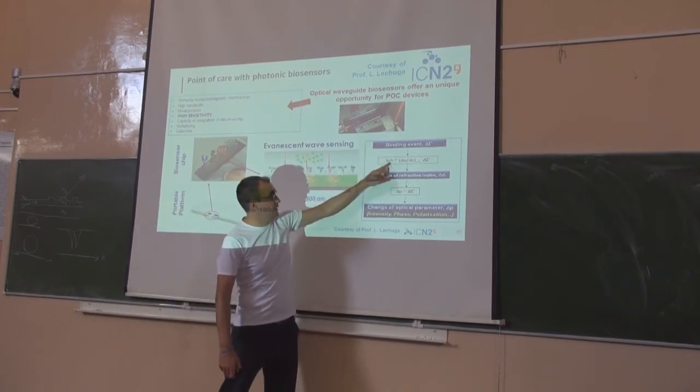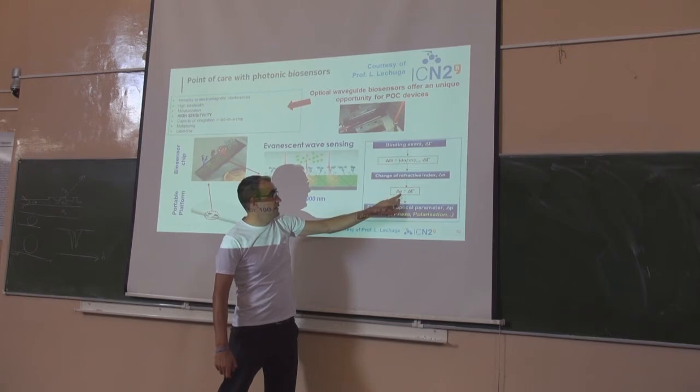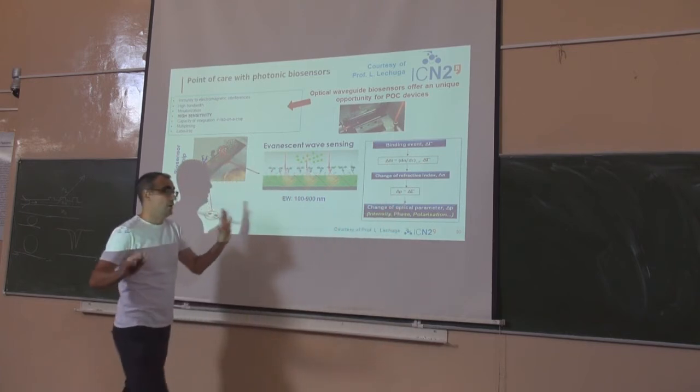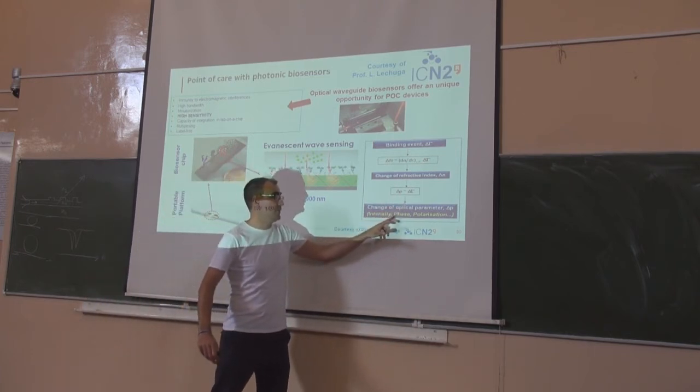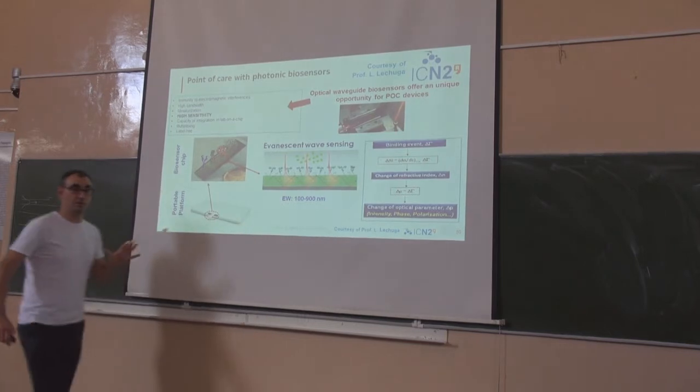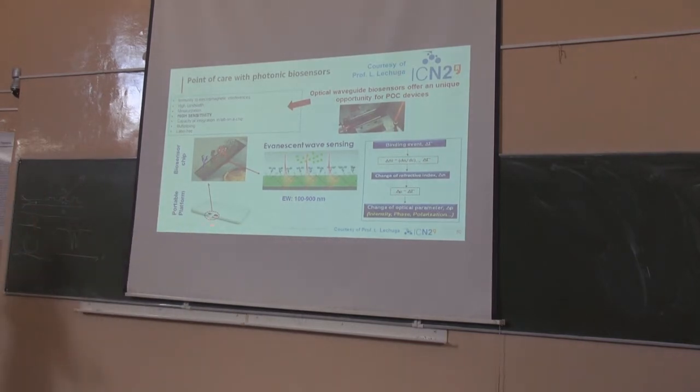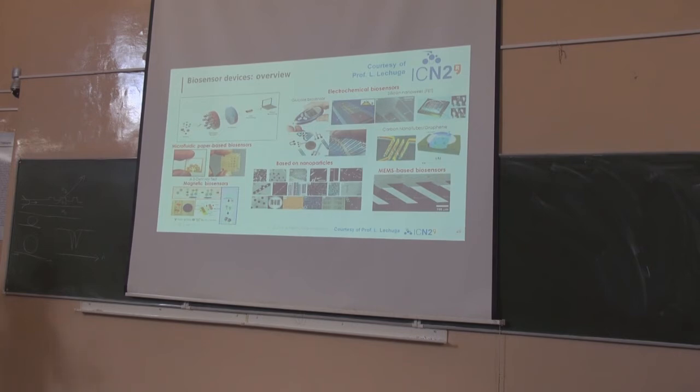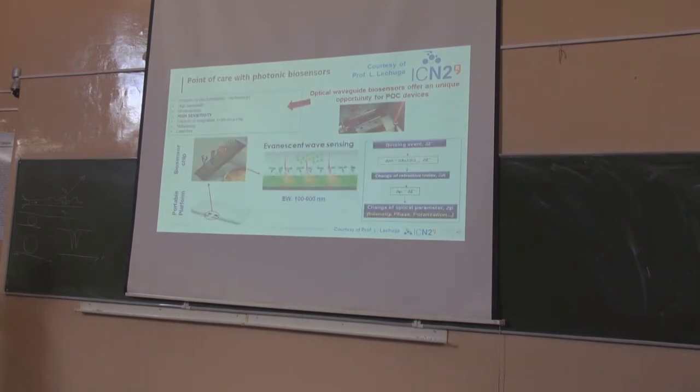That change in the refractive index is translated into a photonic parameter, via the intensity of the light, the phase of the light, or the polarization. And that can be as small as, for instance, this thing. You will see it right now. This is an actual photonic chip, and this is a coin.